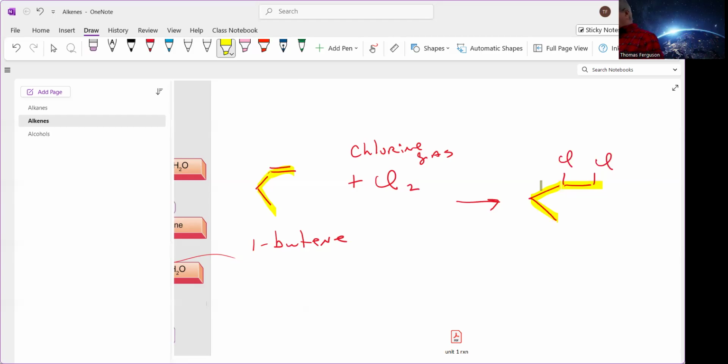Okay. So what do we end up with? Well, we've got a 4-carbon backbone. So that's a butane. And we've got 2 branches. So that's dichloro. It's on carbon number 1 and 2. 1,2-dichlorobutane is the product.